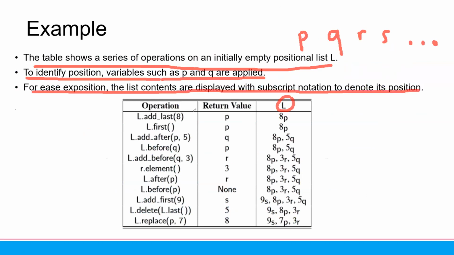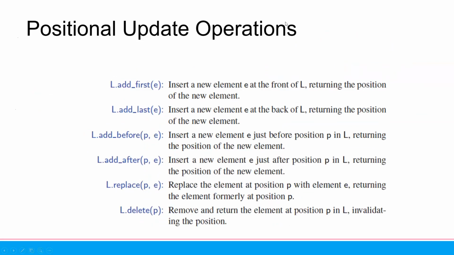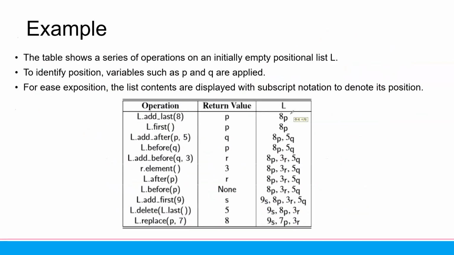So for example, like this. I have the L and then I want to add last. What is add last? Add last means insert a new element at the back of L, so at the end of the L. Then I will just have the new list, which is 8, because I add the element 8, and the position is P. So the return value will be P. L dot first: I want to know what is the first element.